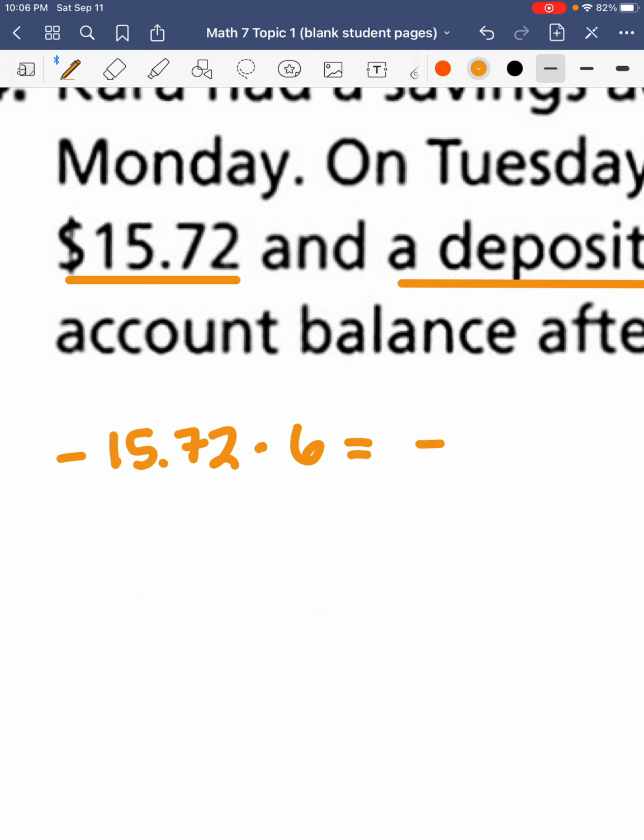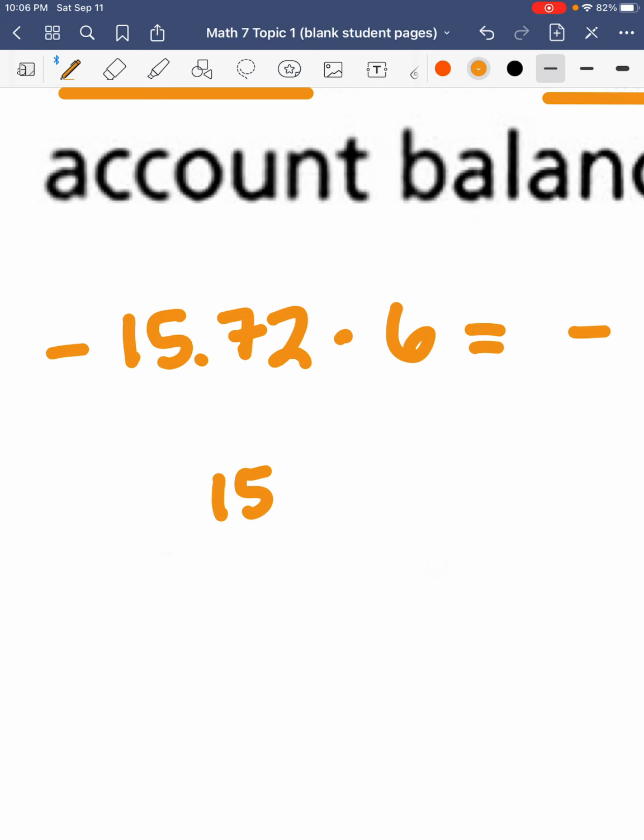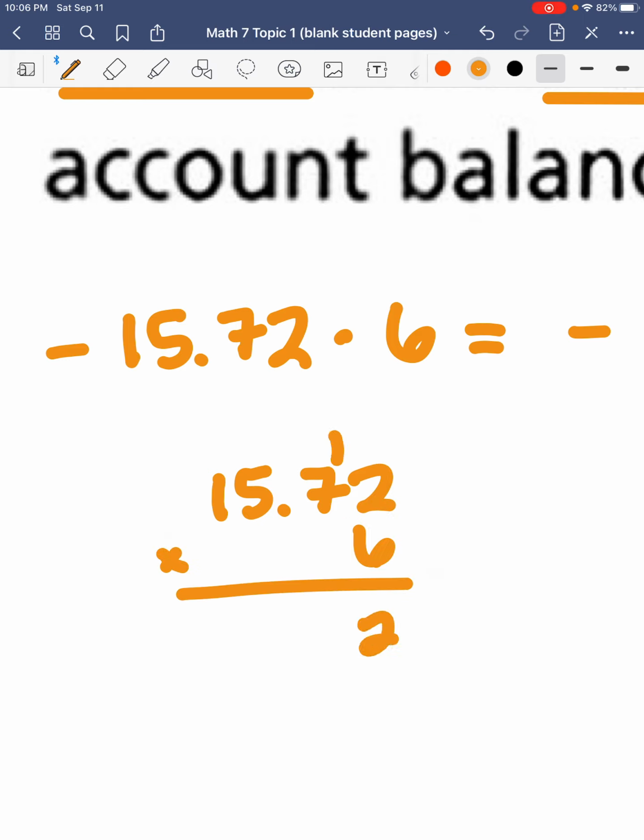Okay? So I don't know this off the top of my head, so let's stack 15.72 times 6. 6 times 2 is 12. 6 times 7 is 42 plus 1 is 43. 6 times 5 is 30 plus 4 is 34. And 6 times 1 is 6 plus 3 is 9.